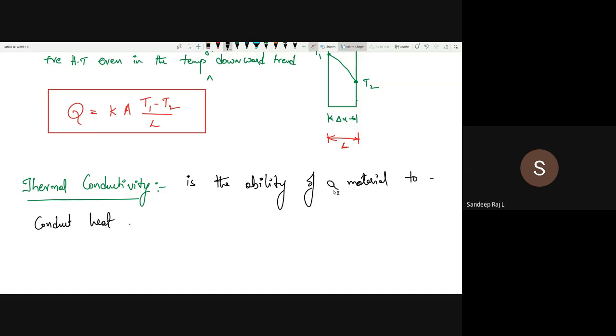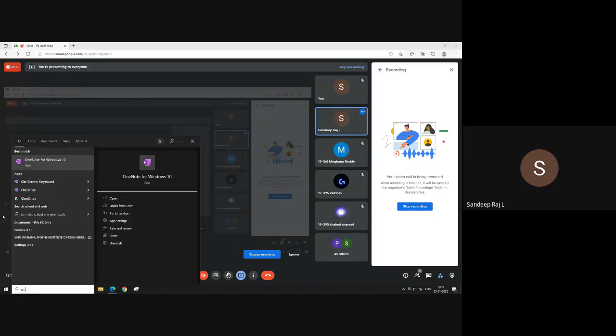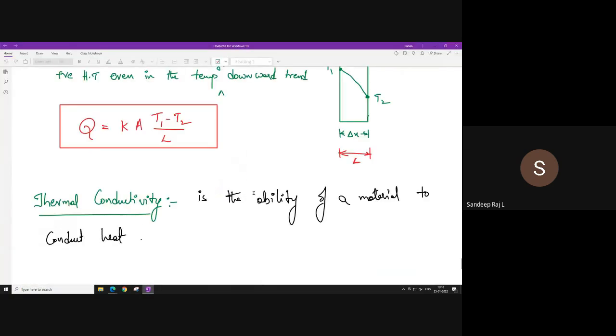Okay, it is the ability of the material. To conduct heat. So this is a definition. By definition, thermal conductivity is the ability of the material to conduct heat.